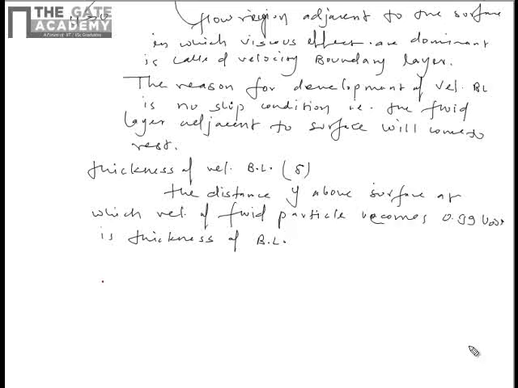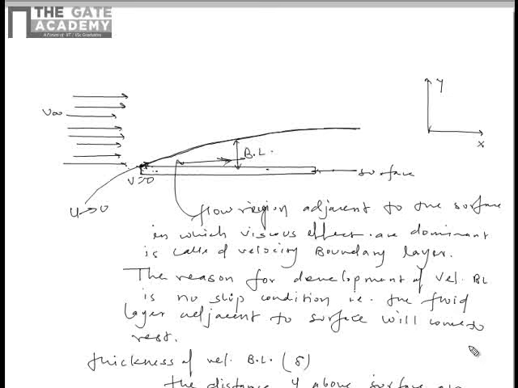An implication of the no slip condition is that all the heat transfer from the solid surface to the fluid layer adjacent to the surface is by pure conduction. So from here to the very adjacent layer, the heat transfer is taking place due to pure conduction.